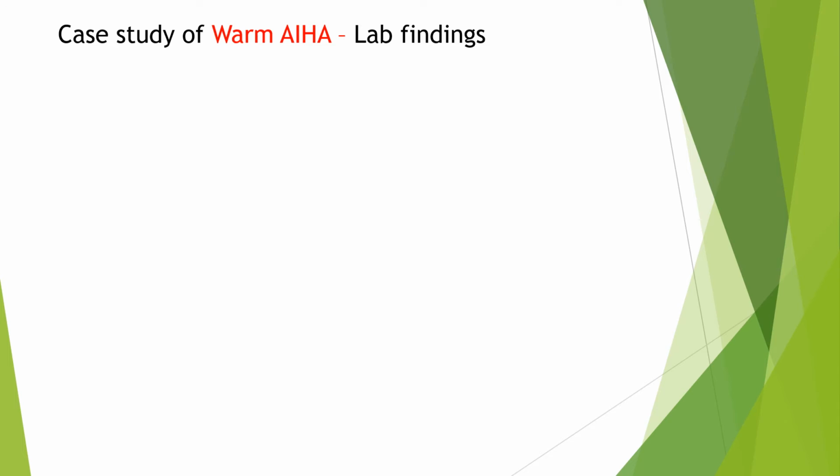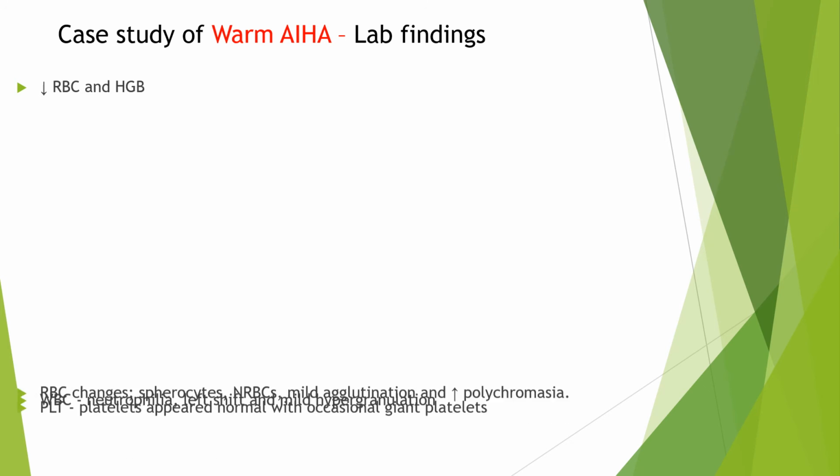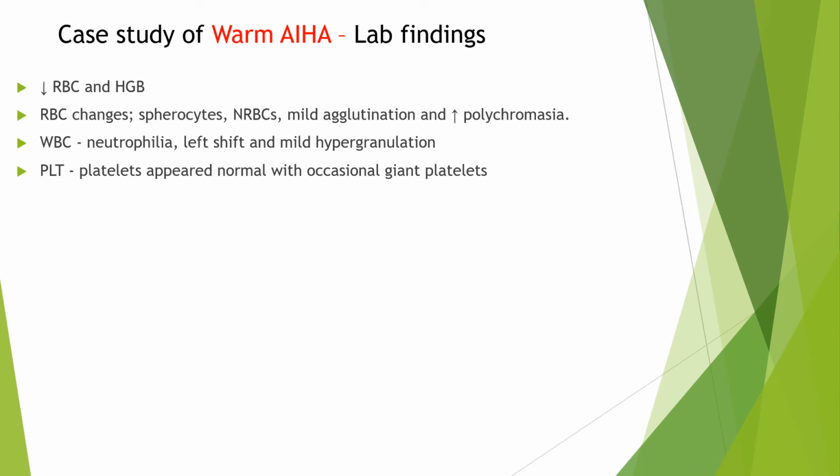Okay, these are the detailed findings of the patient from the previous slide. As I mentioned earlier, the RBC and hemoglobin are low for this patient. There are RBC changes observed, with the presence of spherocytes, nucleated RBC, mild RBC agglutination, and also increased polychromasia.